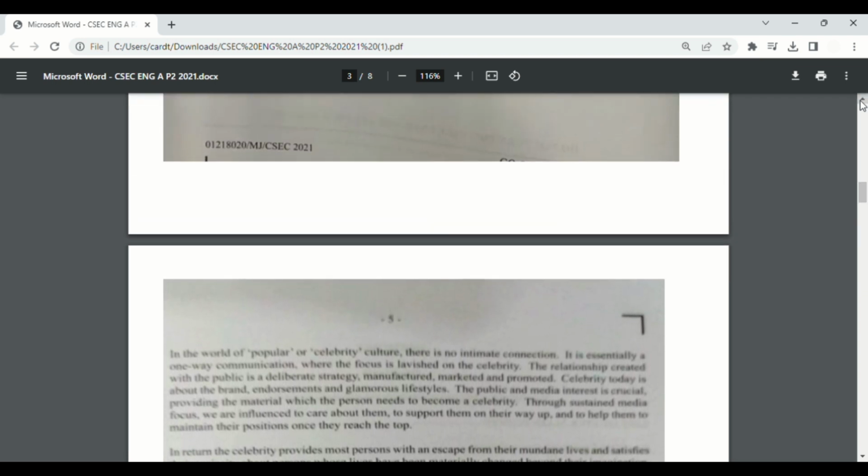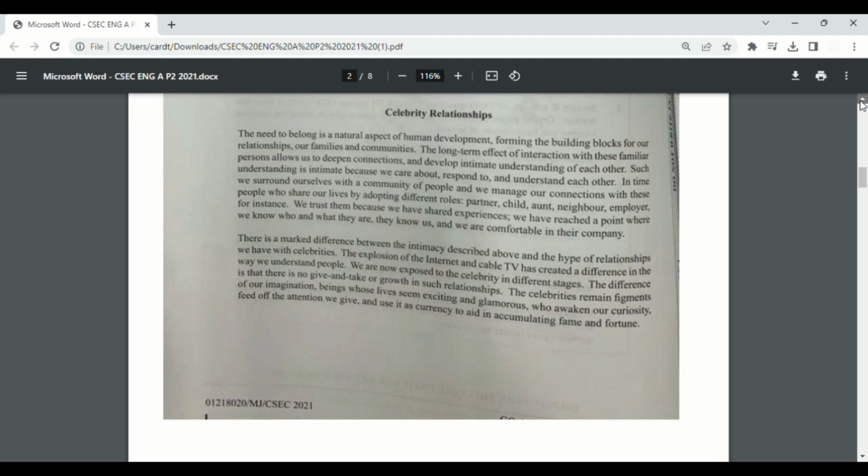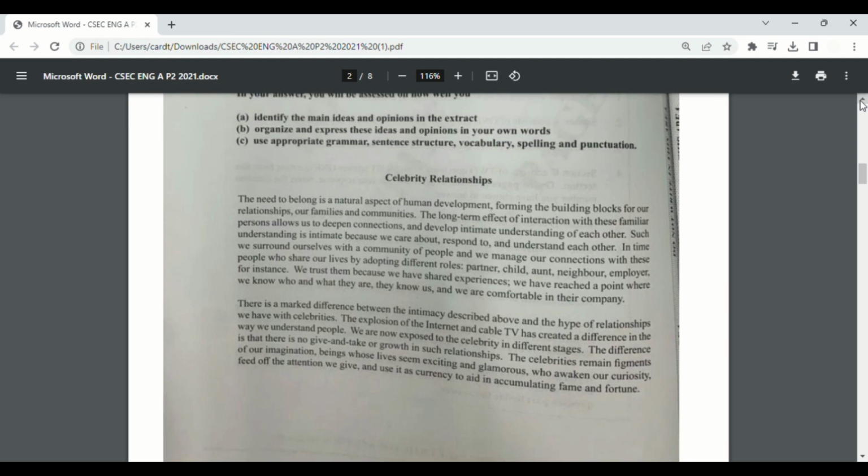They are shorter than the original piece of writing, right? We know that. So there's no way we read celebrity relationships at 500 words and then write a summary of 400. That is not how you write a summary.